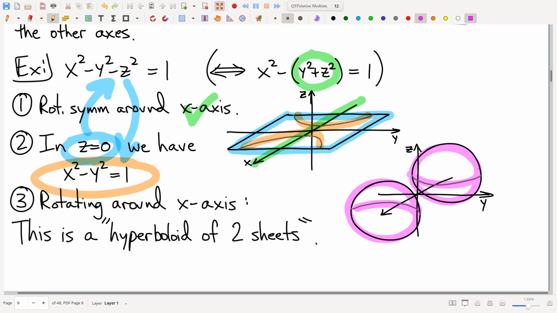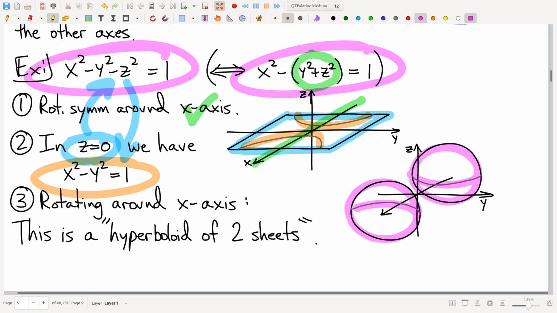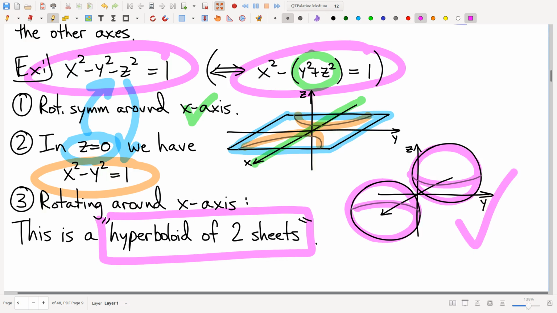It's like a bowl turned on its side this way and another bowl turned on its side that way or something. But anyway, that's what you get when you rotate that hyperbola. So our original equation, however you prefer to think about it, that's what it looks like. And again, this is also called a hyperboloid. This time a hyperboloid of two sheets because, again, two chunks.